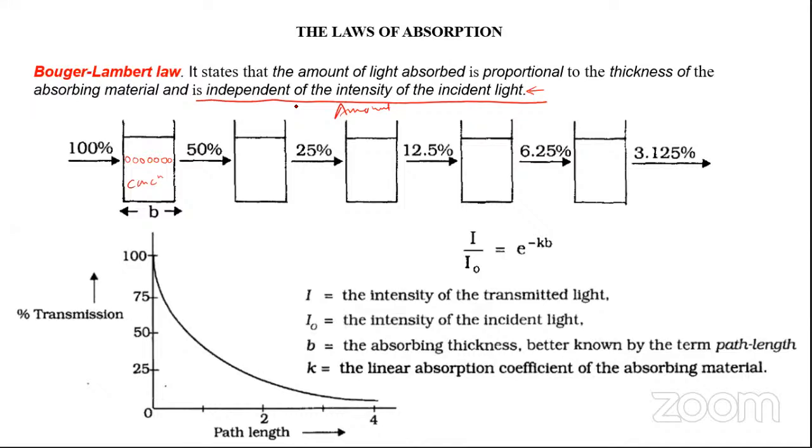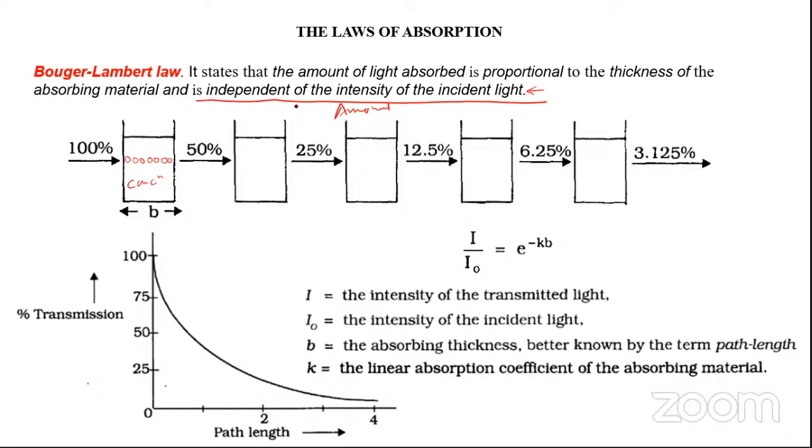You correct me if I'm wrong. It actually depends upon the number of events, right? Absorption events that are happening. So if I increase the number of molecules, what I'm actually increasing is the chance of the event, correct? As I increase the concentration or number of molecules which are in the path of light, I'm actually increasing the chance of the event. Do you agree?